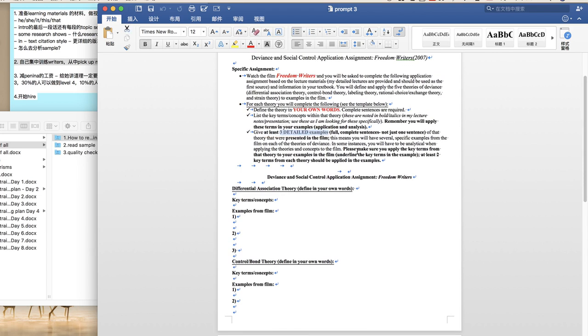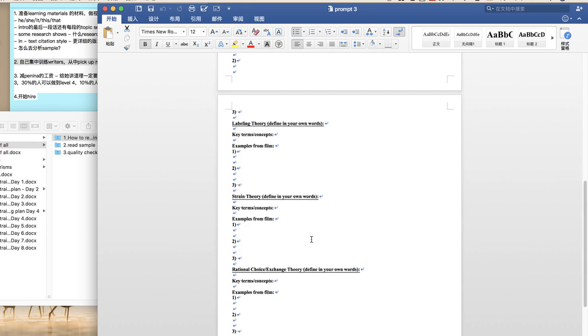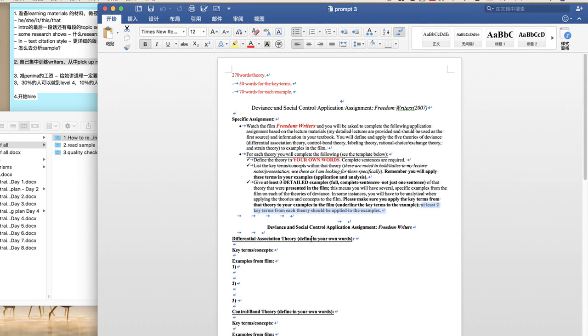You need to give me 3 detailed samples. Please make sure to apply the key terms from that theory to your samples in the film. Underline the key terms in the sample. At least 2 key terms from each theory should be applied in the examples. So please be careful when you are writing. Bold these words for yourself.